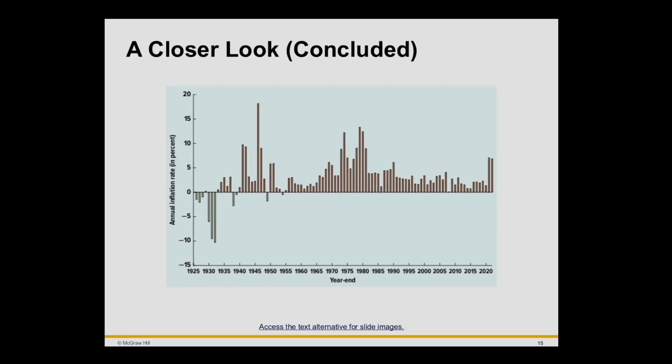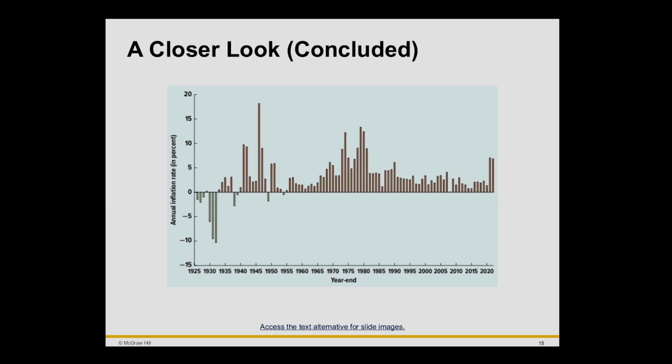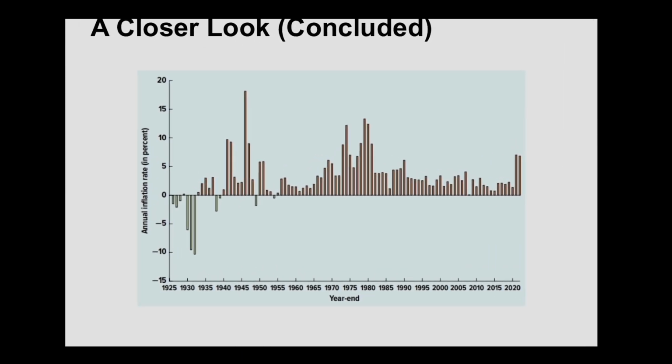Now, here we're looking at inflation, and again, notice that we're here at 20% to negative 15. And this period of time is relatively unique. Disinflation. It's not a period of time that we want to repeat anytime soon.